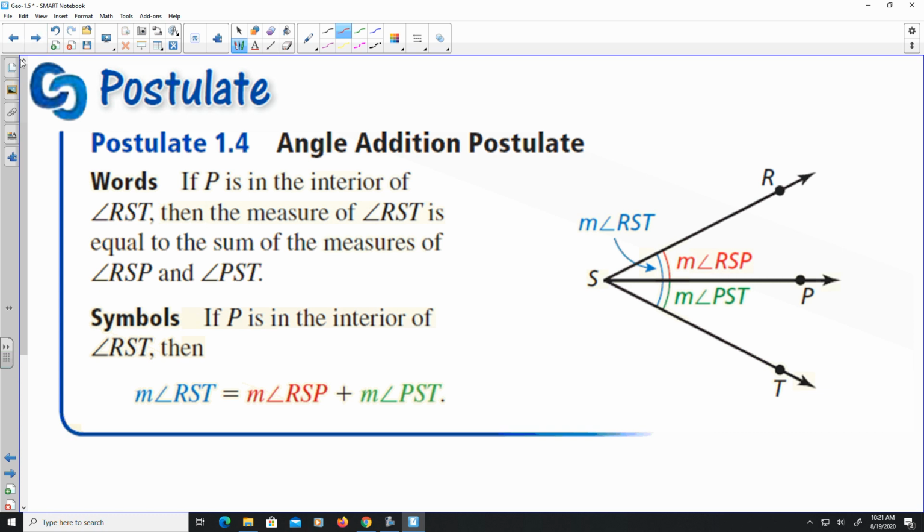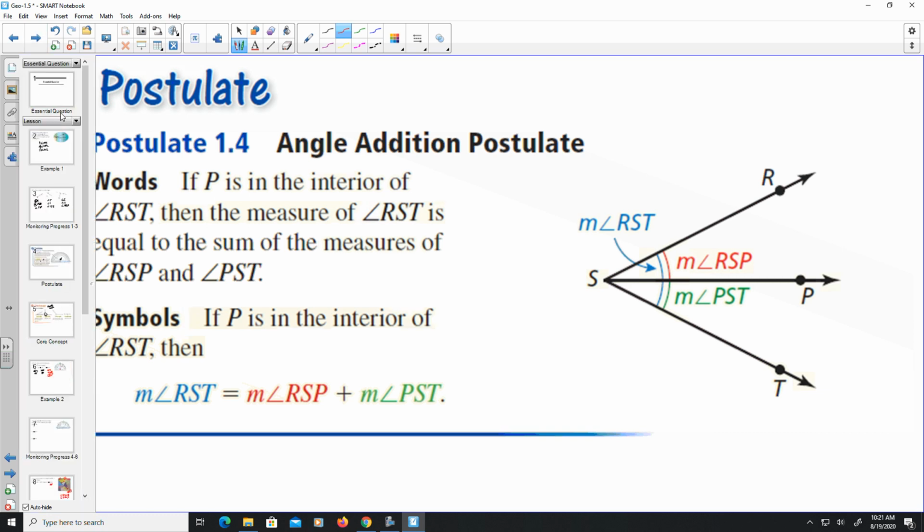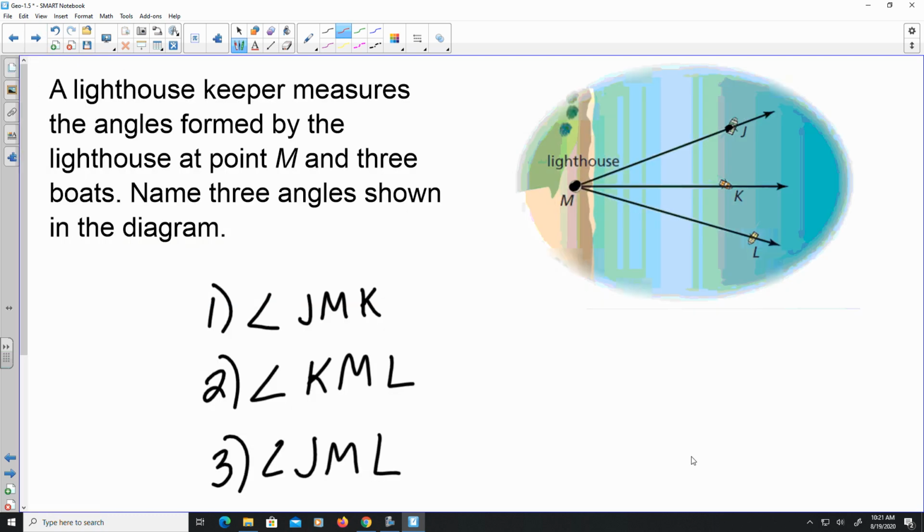So actually, if we looked at that first example that we had here, you could say that JML is going to be equal to JMK plus KML by using that postulate.